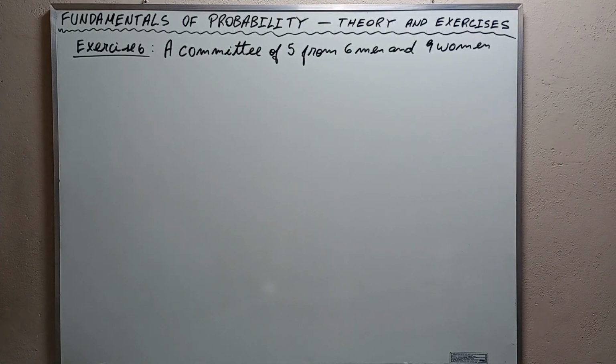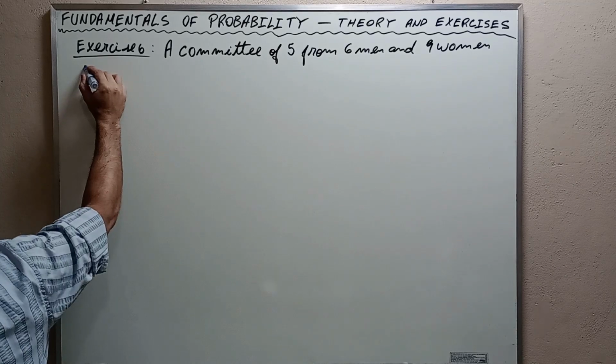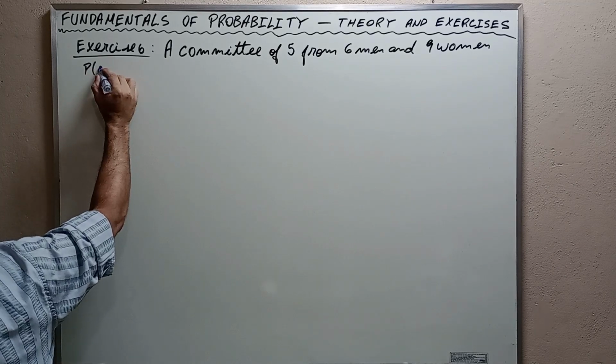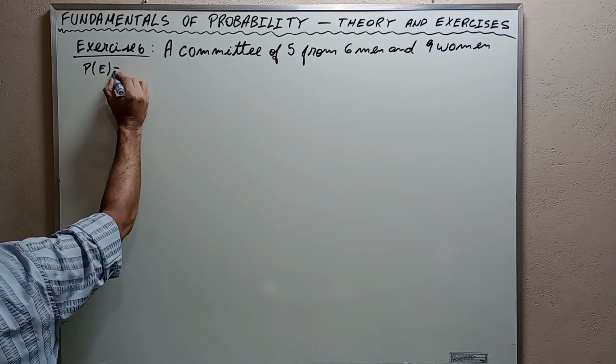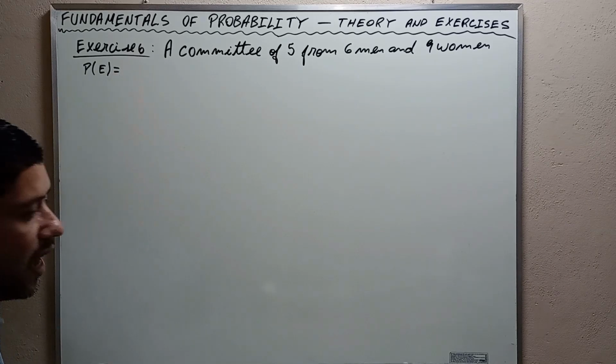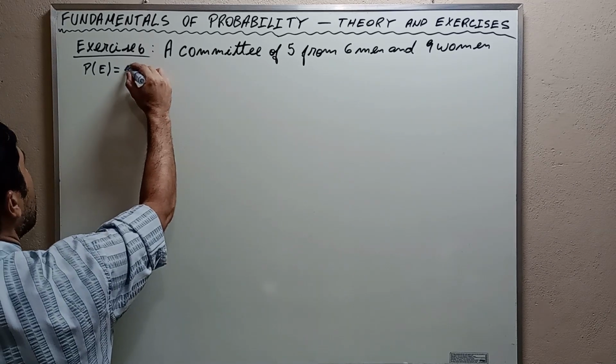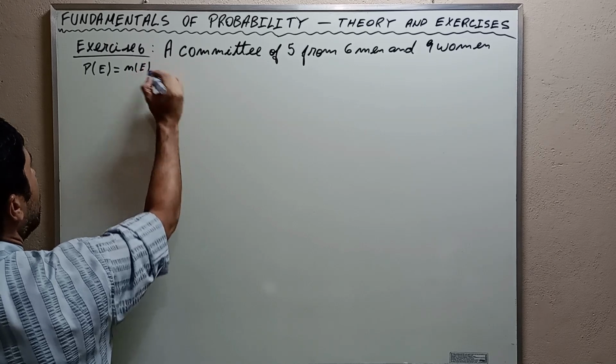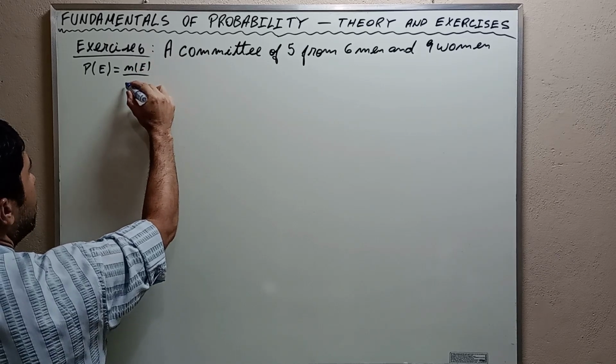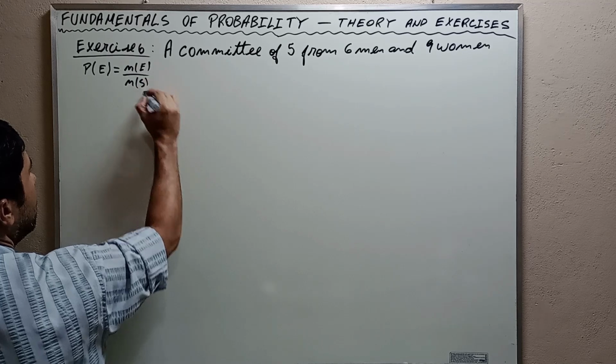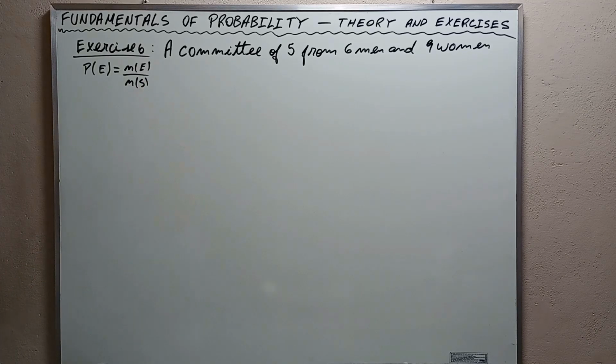And first of all, let's understand our sample space. Observe that the probability of event E is equal to the number of elements of the event of interest divided by the number of elements of the entire sample space.